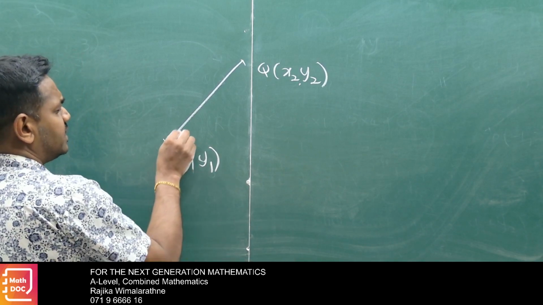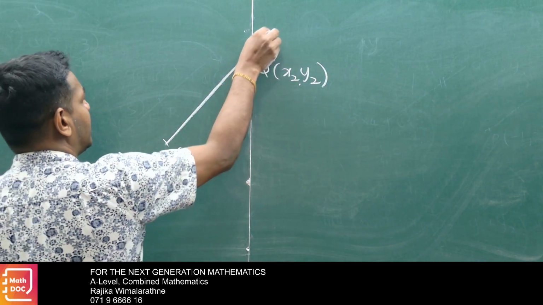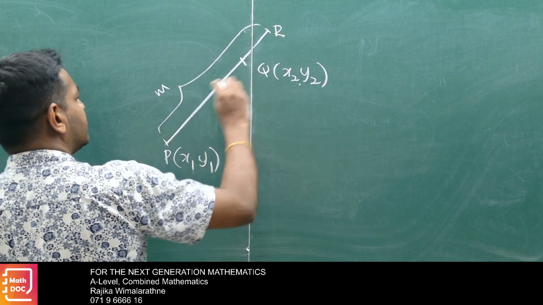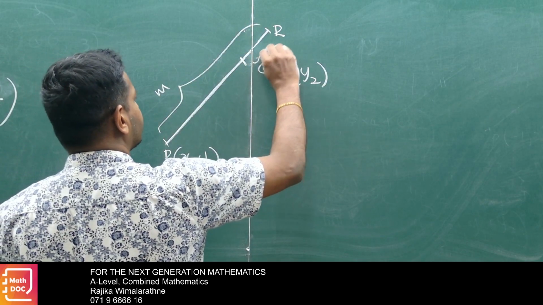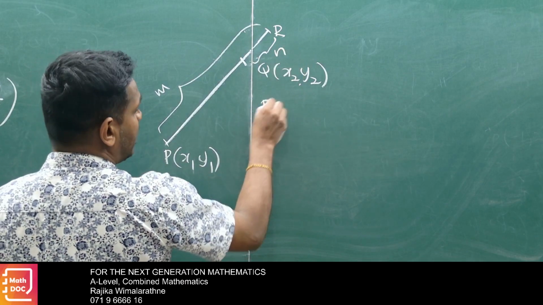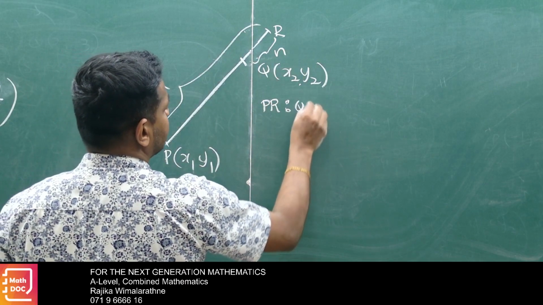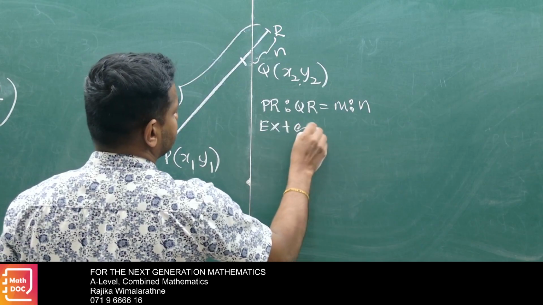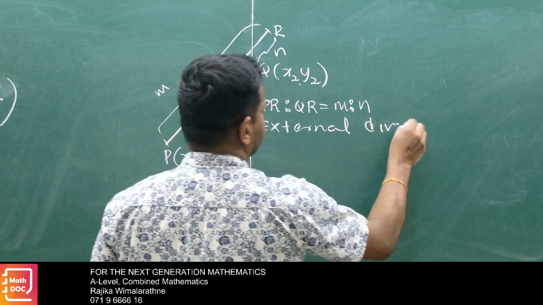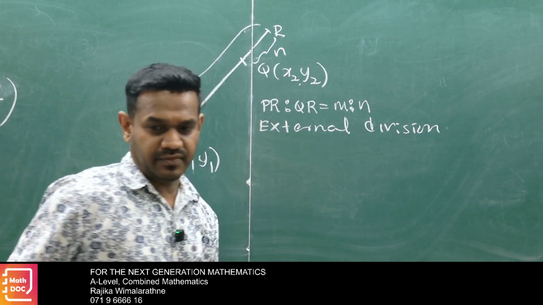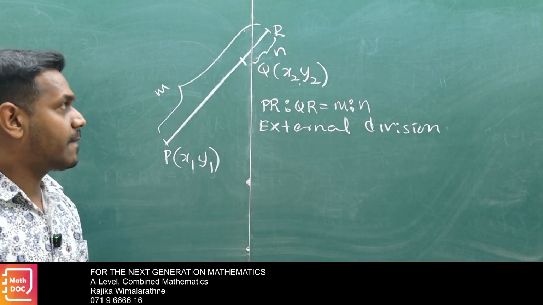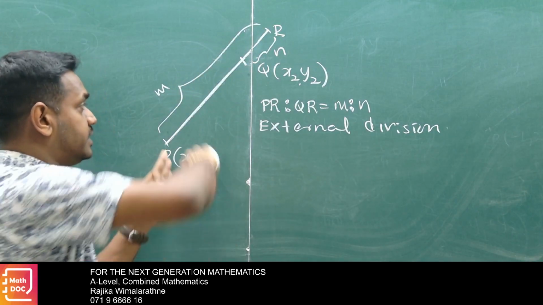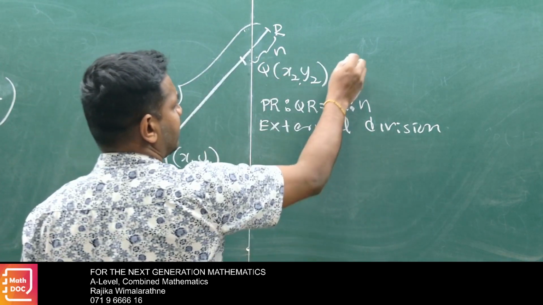I'm going to extend this up to here, let's say R. Then PR is M and QR is N. So PR is to QR, M is to N, external division. Later we can prove them. Here M to N, these 2 points are given, then it is extended here, with M greater than N.